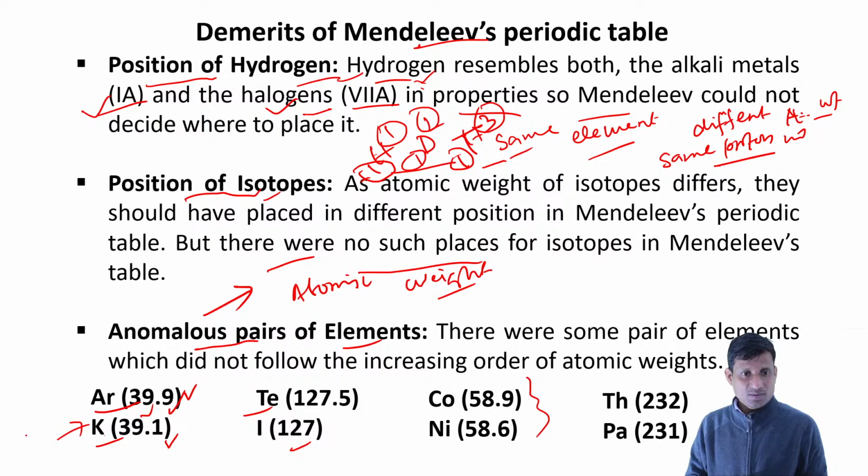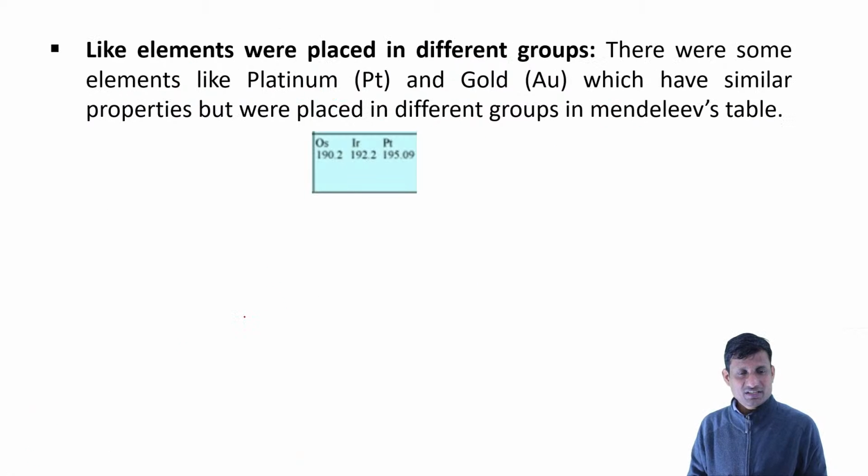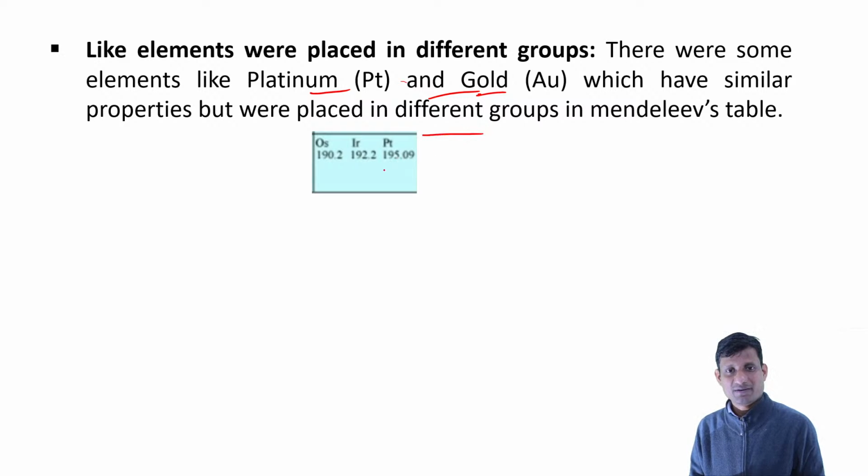Along with this, Mendeleev also put some elements with similar properties in different places. For example, platinum and gold have similar properties, but they are in different groups in the Mendeleev periodic table.